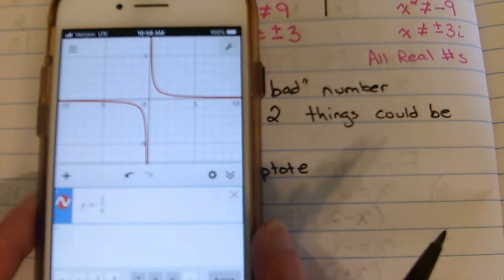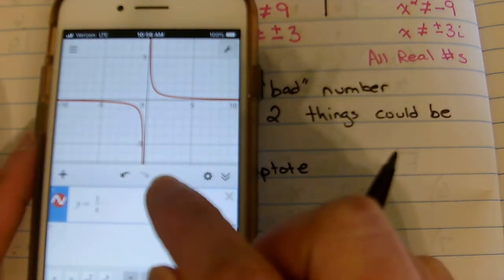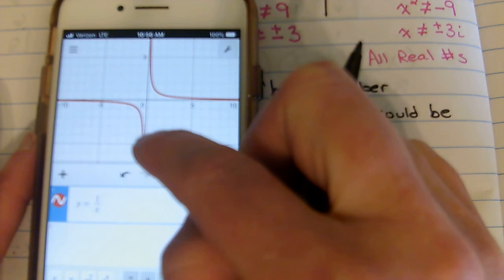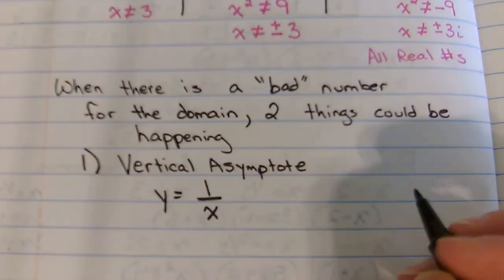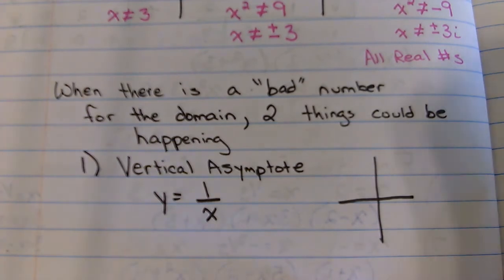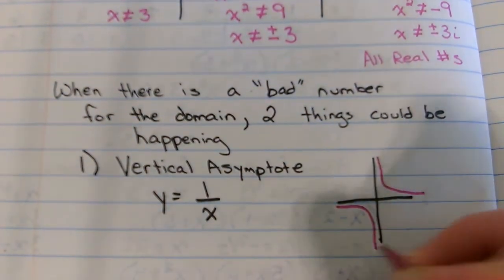I get this graph, and so what's happening there is I've got this vertical asymptote. I've got this split in the graph. So the graph looks like this, and then I've got one section that's doing this and one section that's doing this.